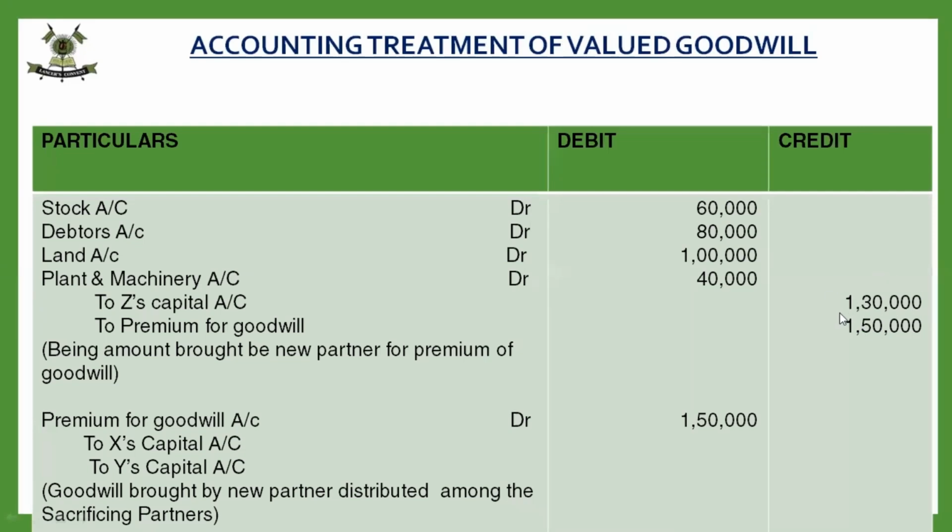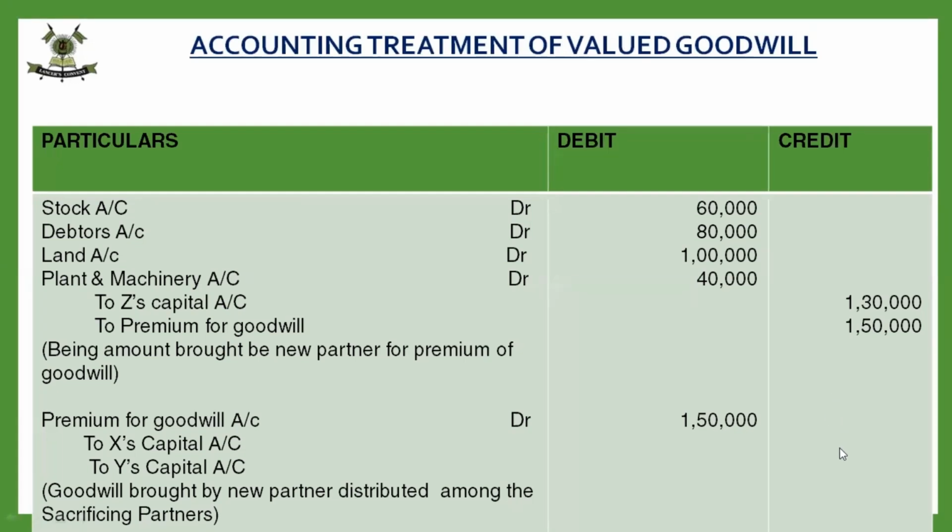And this 1,50,000, as we discussed, will be distributed amongst X and Y in their sacrificing ratio. Fine. And the sacrificing ratio is 3:2. I think you can now distribute 1,50,000. I kept it blank. This will be distributed amongst X and Y in the ratio of 3:2. Fine.